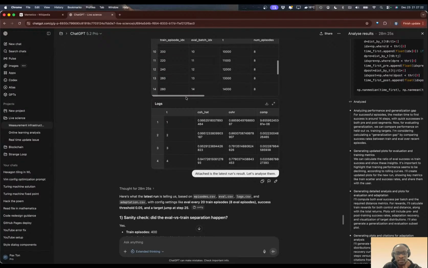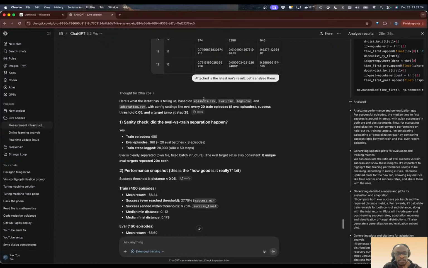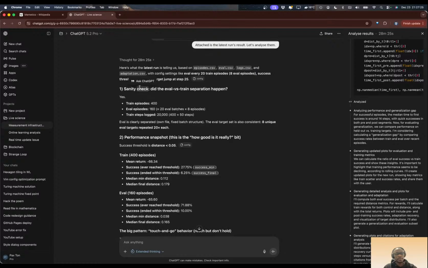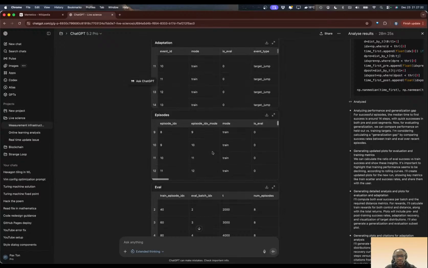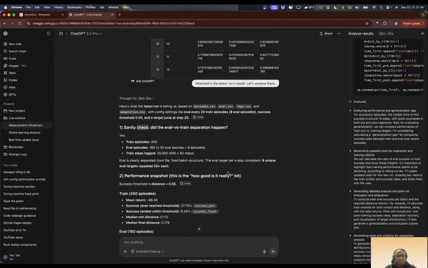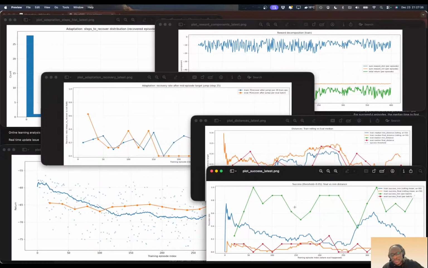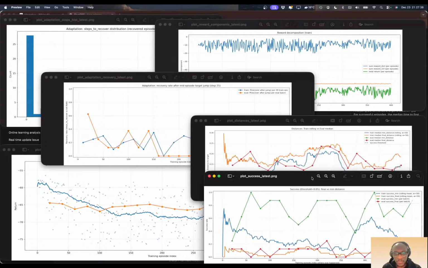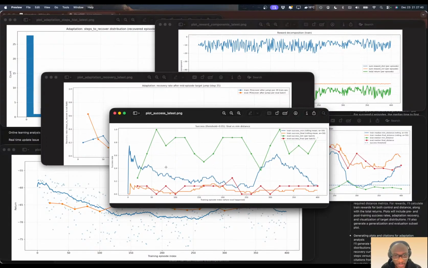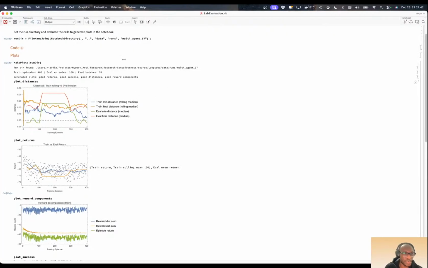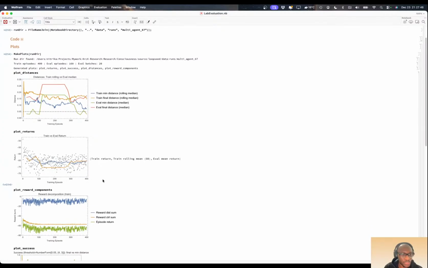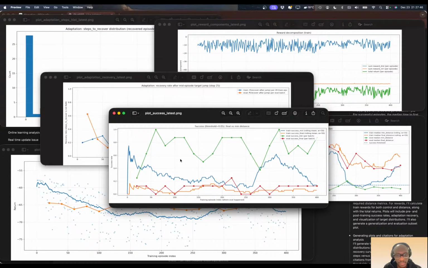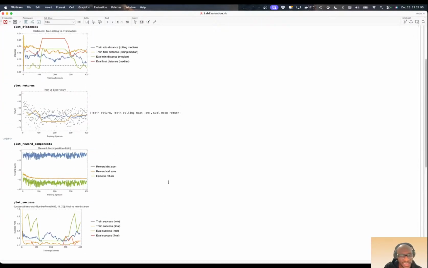I'll use the latest. We gave it the data and told it to analyze, and then it generated these beautiful images we can see here. Let's start with success. I think success is most important, but we can also generate our own using these Wolfram language plots, but I will show you these ones because they look nice, I think.